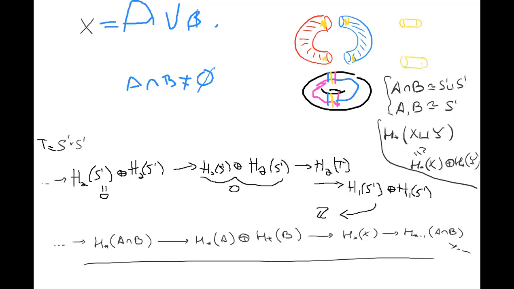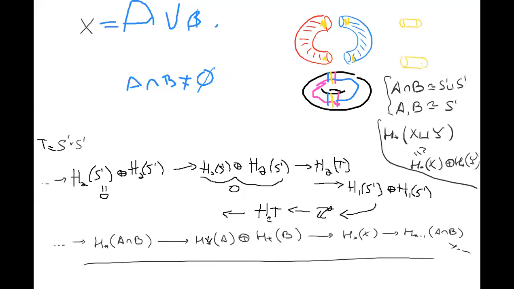This term when star equals 1 is going to be Z squared, just to save writing. And then we have H1 of T.